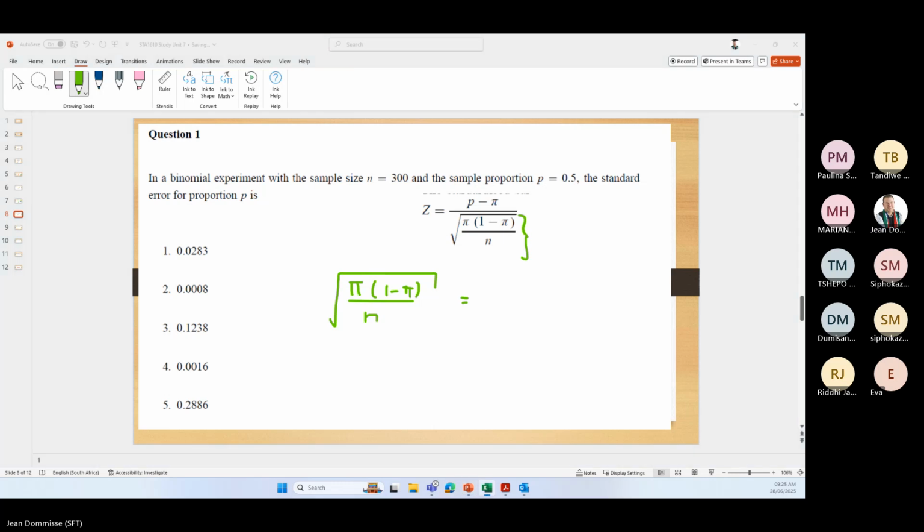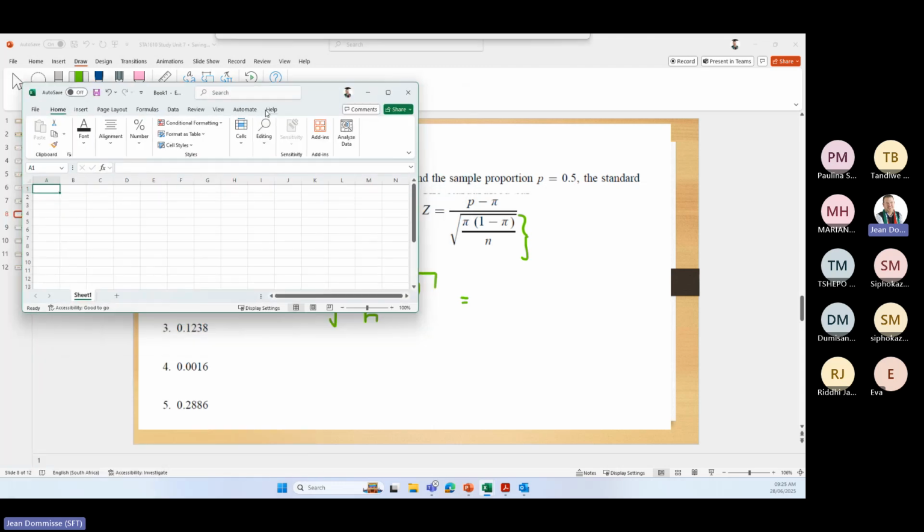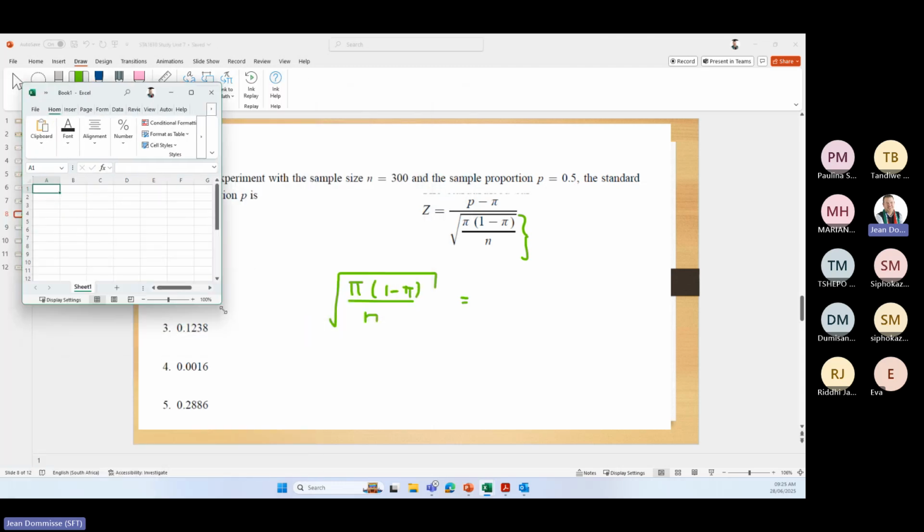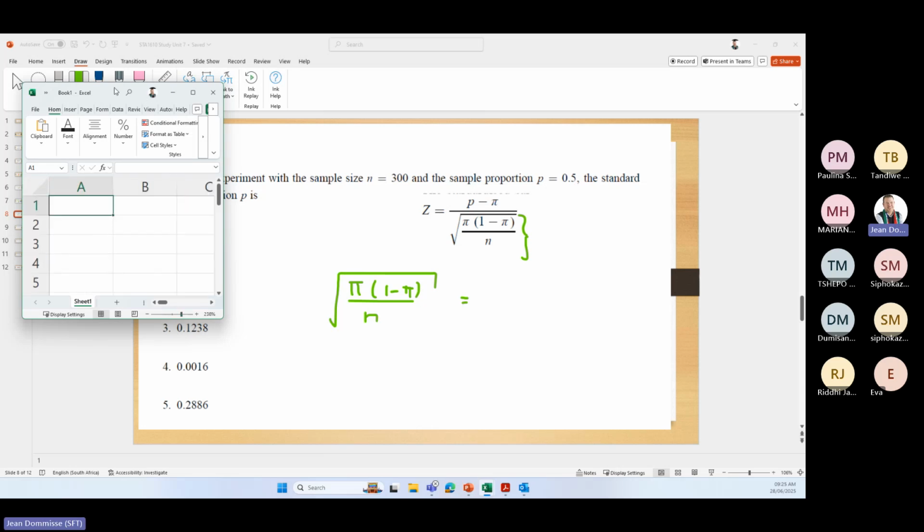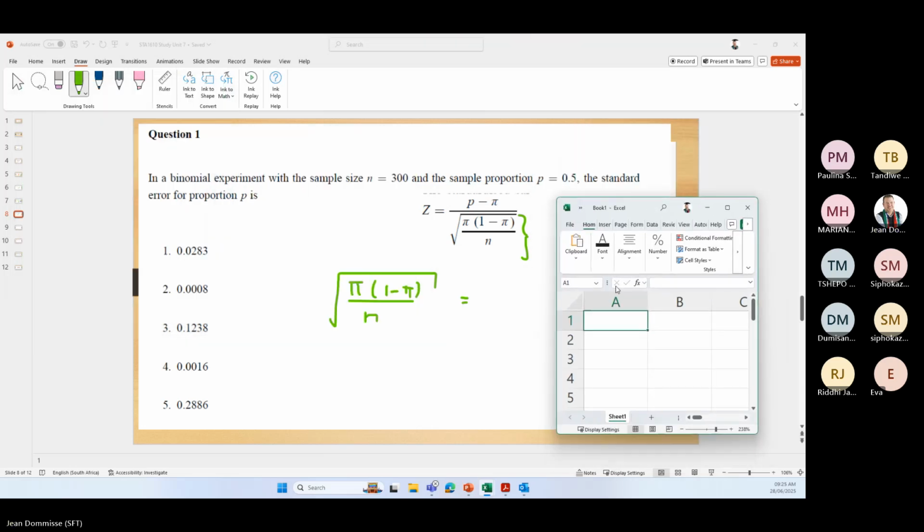I don't have my normal calculator with me, so I am just going to do this in Excel. So we've got pi is 0.5.